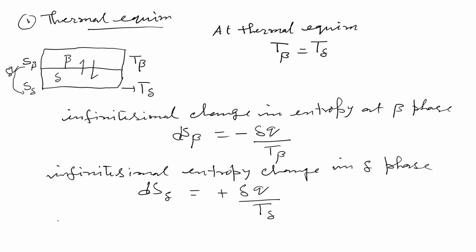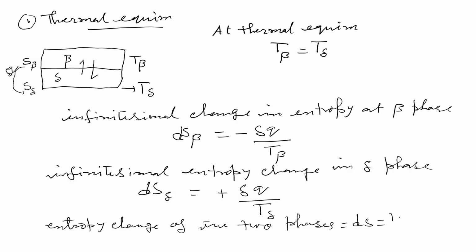Then the overall entropy change of the two phases, what will it be? That will be dS, which is equal to dS of beta phase plus dS of delta phase, right?